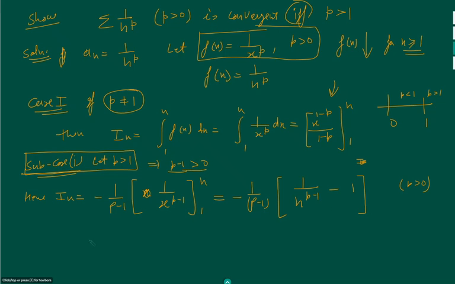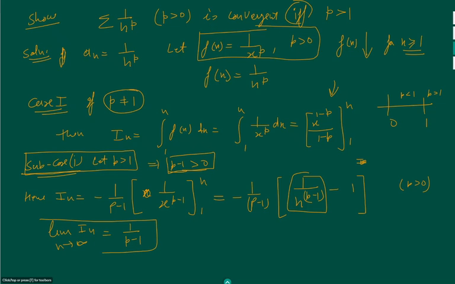So if you take the limit of I_n as n tends to infinity, since p minus 1 is positive, this limit would be 0. So what remains is just 1 over p minus 1.